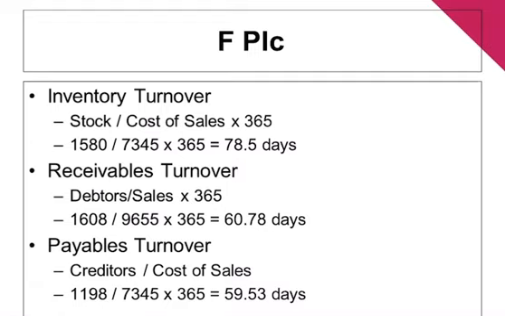You divide that by the cost of sales that you can find in the income statement, 7345, and then you times it by 365, and that gives you 78.5 days. What this means is, on average, we hold stock from the moment we've made it and put it into the warehouse for 78.5 days before it goes out and is sold.